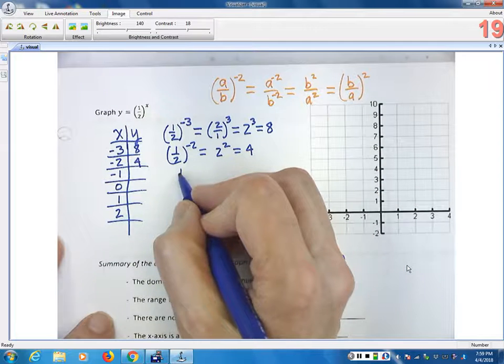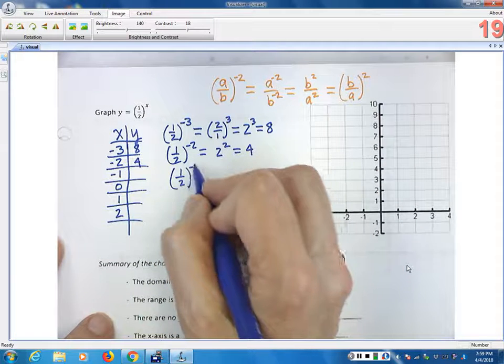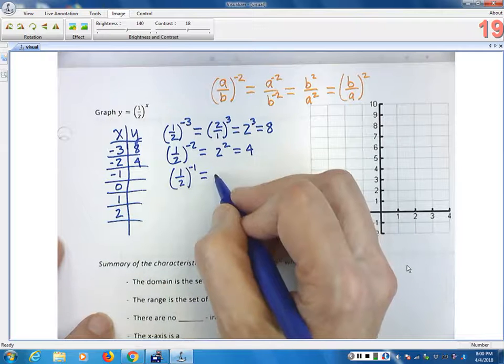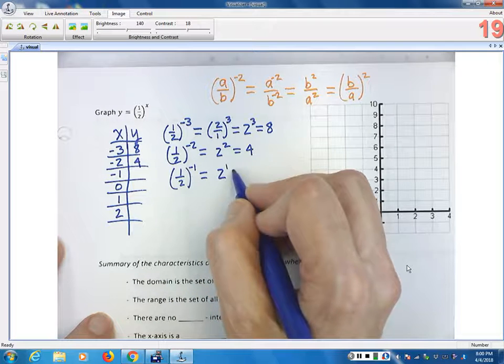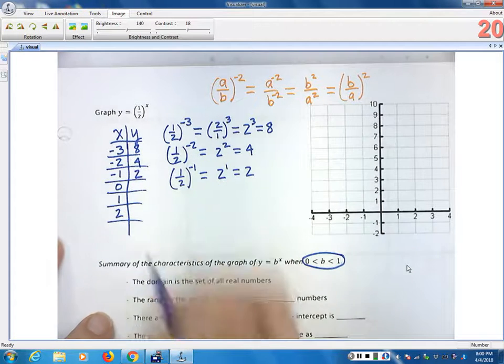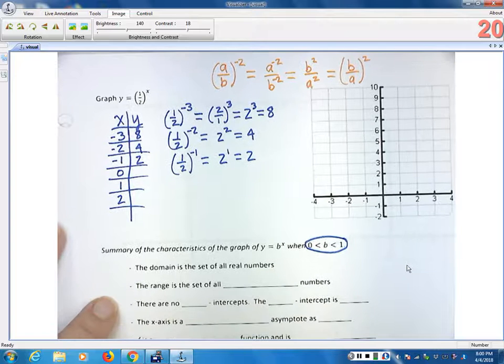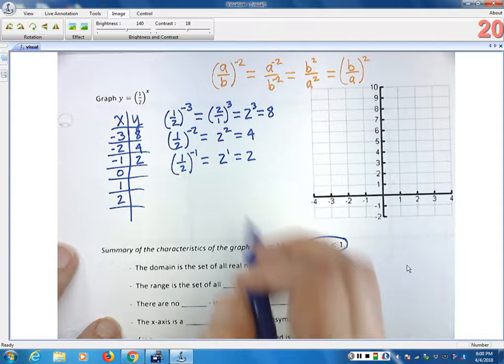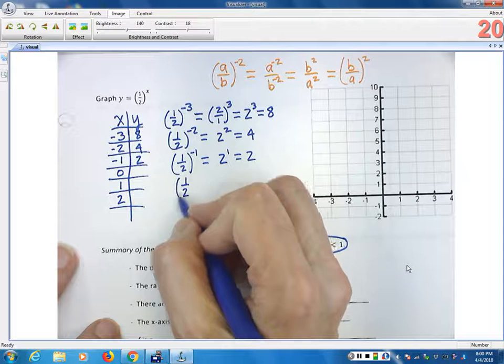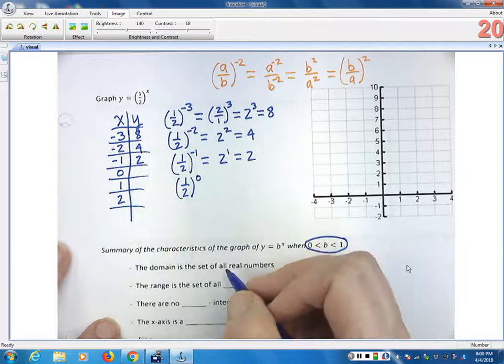And 1/2 to the -1 means we're going to just flip it and make it 2 to the 1, 2. 1/2 raised to the 0 power, anything raised to the 0 power is 1.